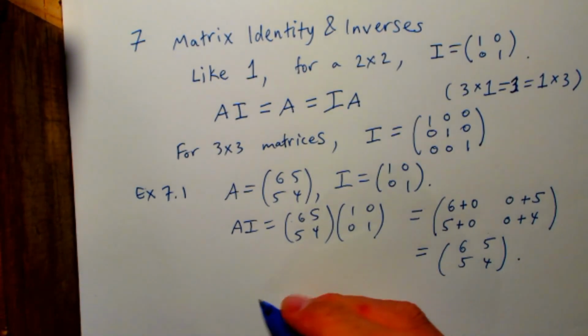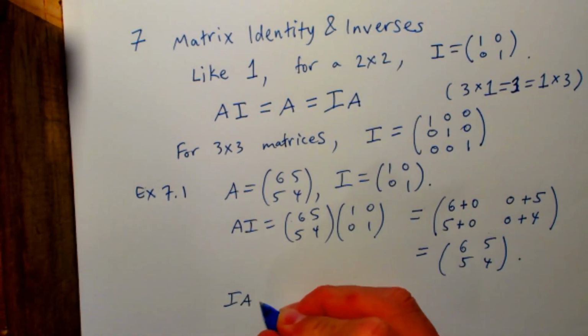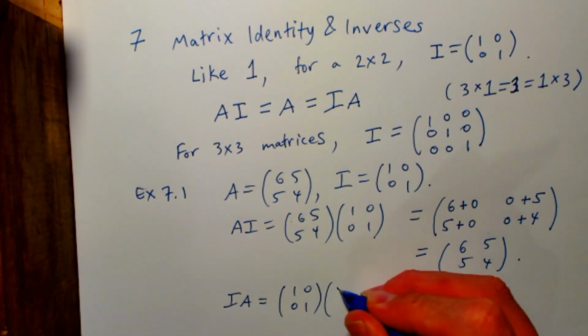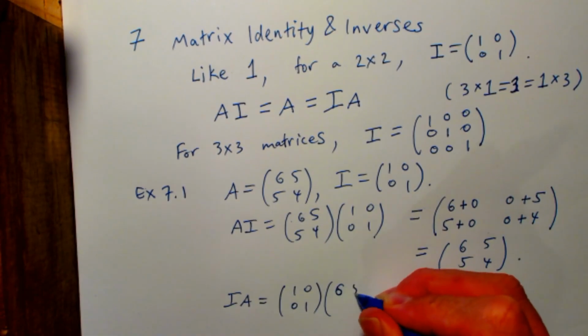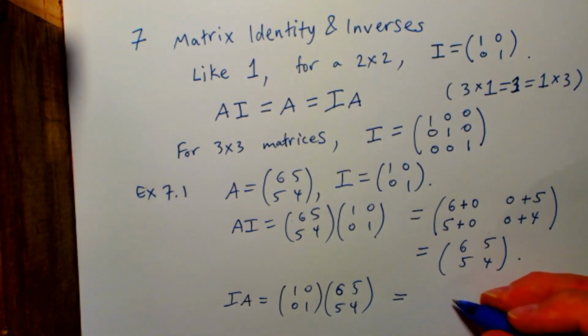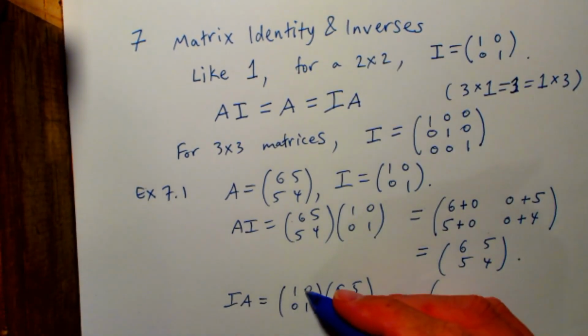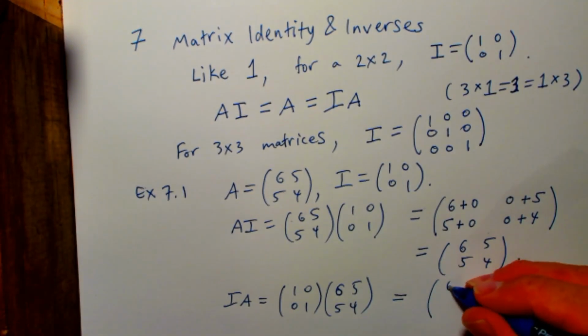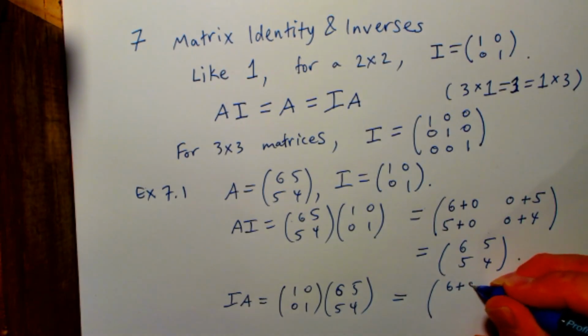Alright, similarly, IA equals 1, 0, 0, 1 times 6, 5, 5, 4, which is 1, 0 times 6, 5 gives 6 plus 0.